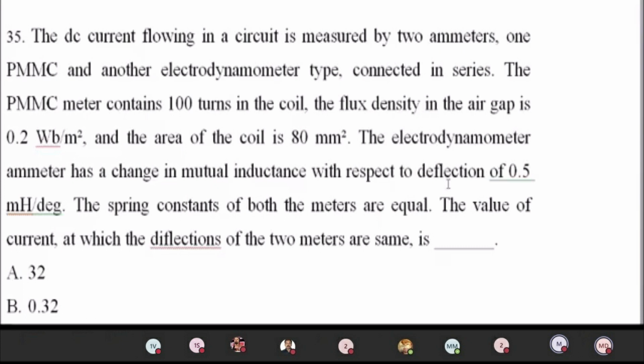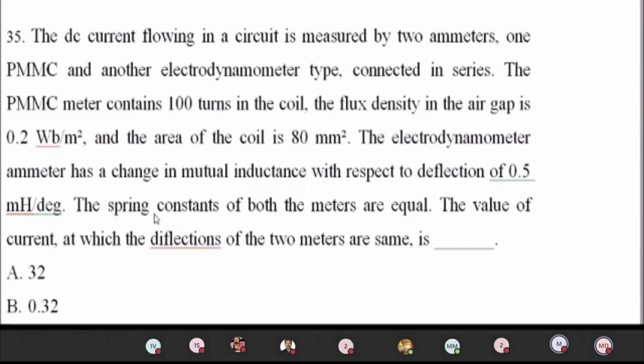The flux density in the air gap is 0.2 Weber per meter square, and the area of the coil is 80 mm square. The electrodynamometer ammeter has a change in mutual inductance with respect to deflection of 0.5 millihenry per degree. The spring constants of both the meters are equal. The value of current at which the deflections of the two meters are same is.